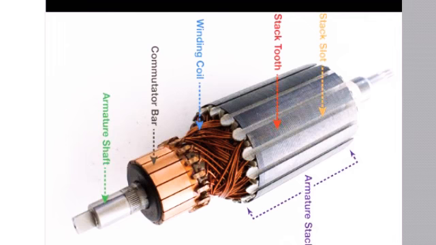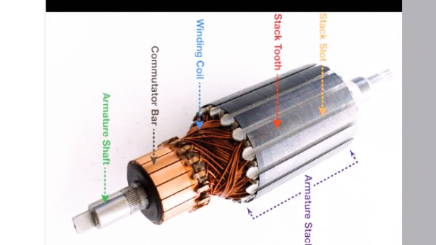In the following figure we show the armature of a DC motor. The armature is the rotating part of a DC motor in which we use armature winding to produce flux for armature reaction.